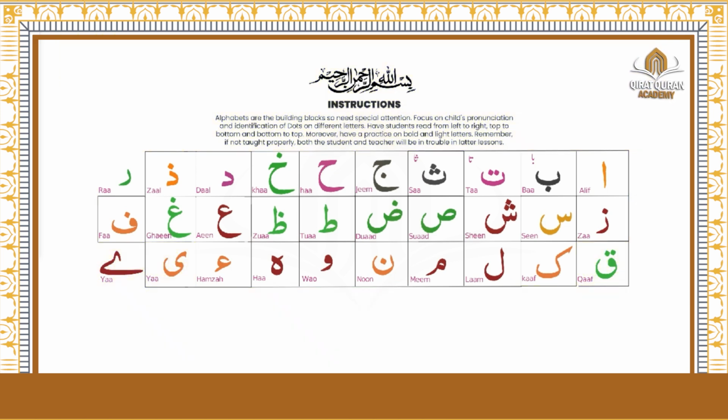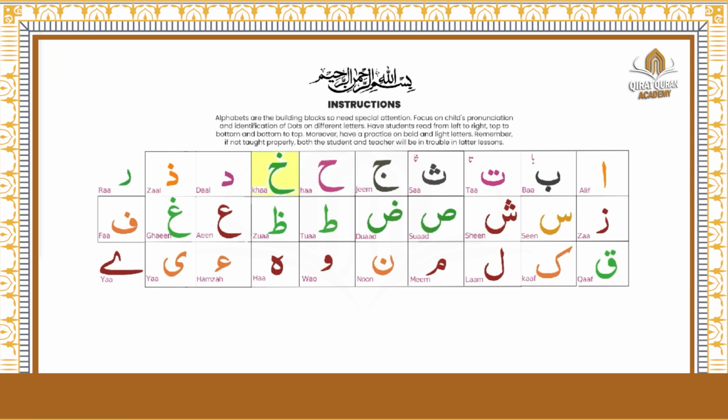So there are some important things that I told you in the previous lessons: when we see any letter in the green color, it means we have to make them bold. So in total we have 8 letters which are bold letters.